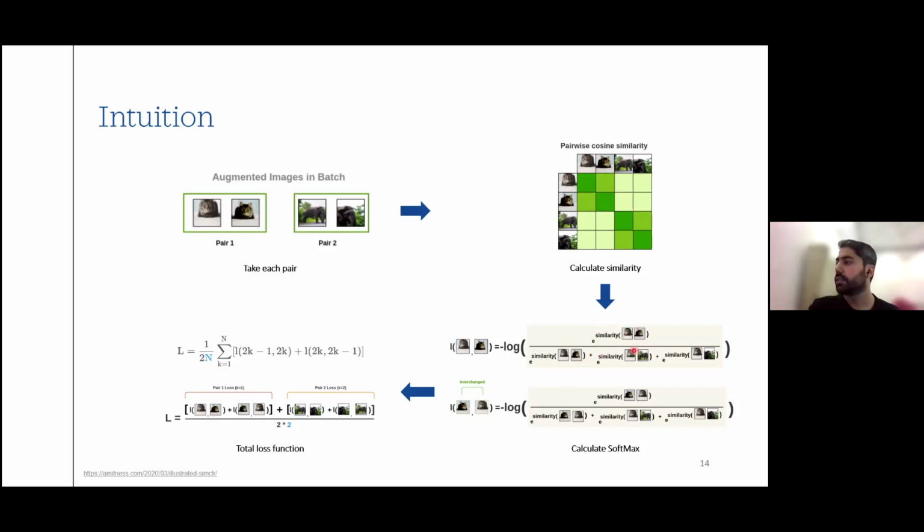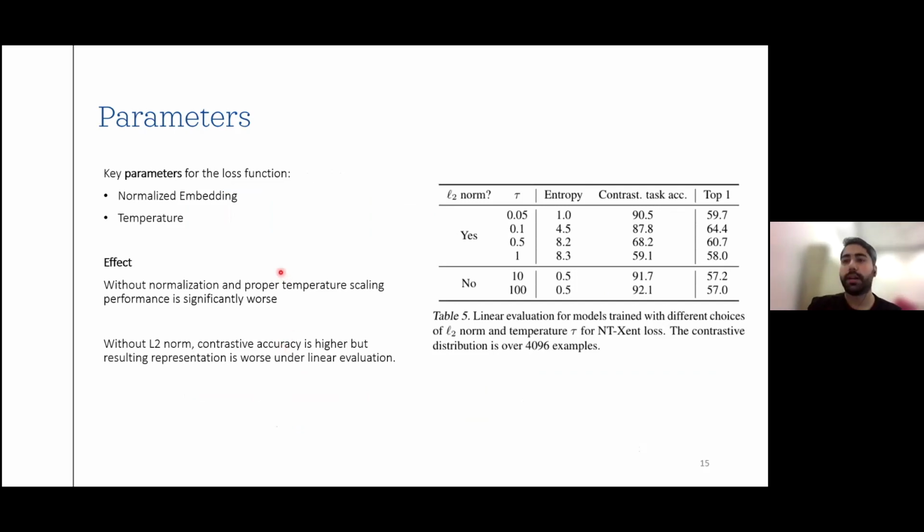We calculate this again with the negative samples, the whole other set of samples. In this way we calculate one loss, and then the image is flipped and we calculate similarly for the other view, and we get 2 losses. Then we average both of them to get the loss function. So that is the intuition behind the formula.